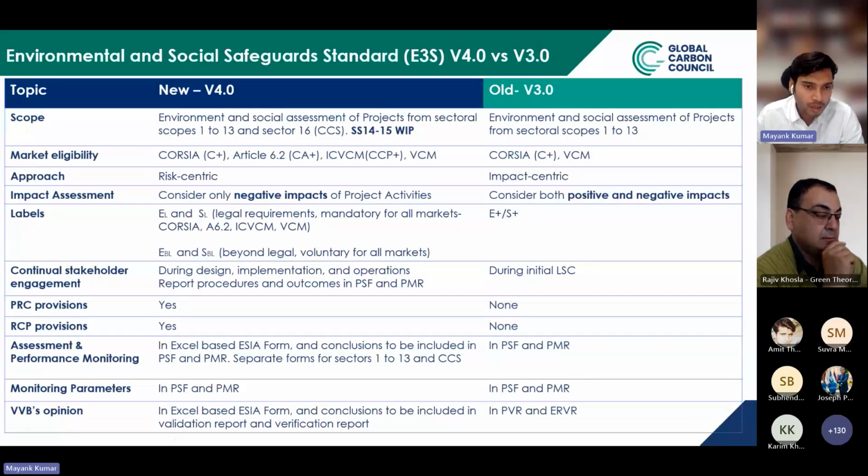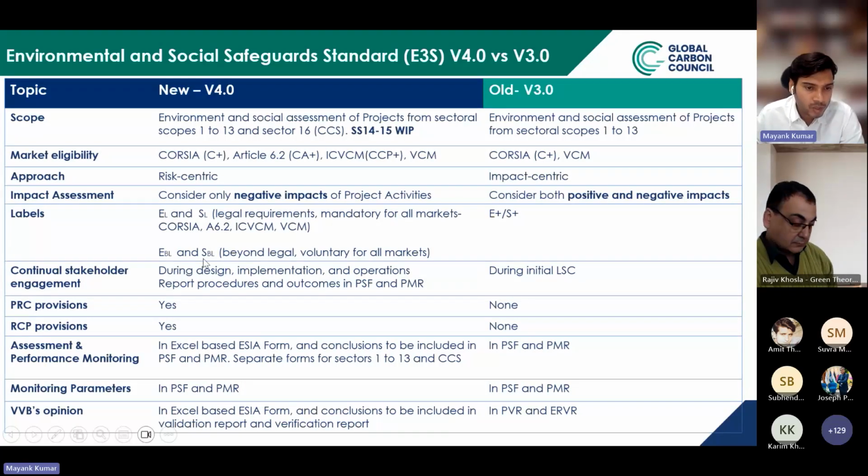On the social part, SL implies compliance with the legal social requirements, but there are also some mandatory social rights in Appendix 1 of the standard, which I will show you in a bit. So you have to comply with those as well. So EL is purely legal, SL is legal social requirements plus the mandatory social requirements within the standard.